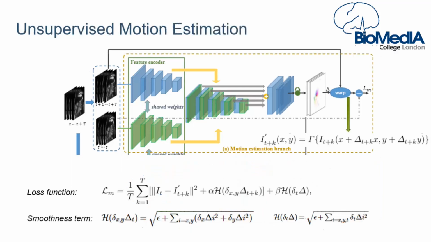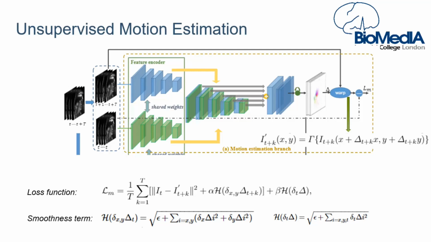The first is the unsupervised motion estimation branch. We know that dense transformation fields between frames are rarely available. Inspired by the success of the spatial transformer network, which can effectively encode the optical flow to describe motion, we propose to use a spatial transformer network to estimate the motion without supervision.